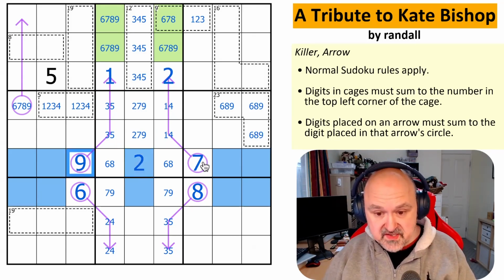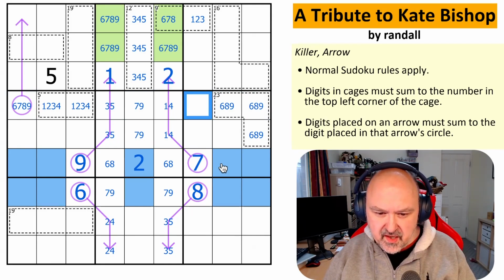For multiple reasons, there's a 7, 9 there, and we know that all of these have to only be from 1, 2, 3, 4, 5. So this is a 7, 9. So this is now a 6, 7, 8, 9. So this is going to be from 1, 2, 3, 4, 5, but okay. This is a triple now. 1, 2, 3, 4, 5, 6, 7, 8.